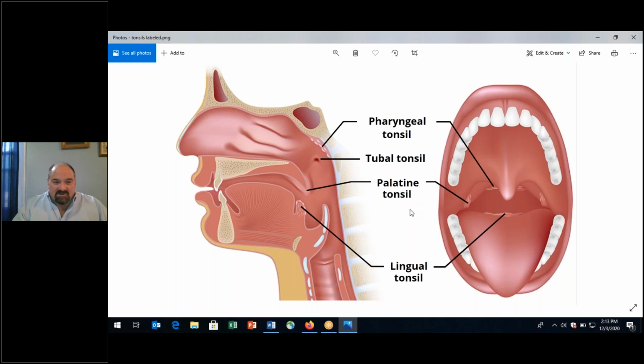They've sequestered something that could make you sick and surrounded it. Sometimes you can cough it out or push it out, and these little nodules are the tonsils doing their work and protecting you from some type of bacterial infection and such.